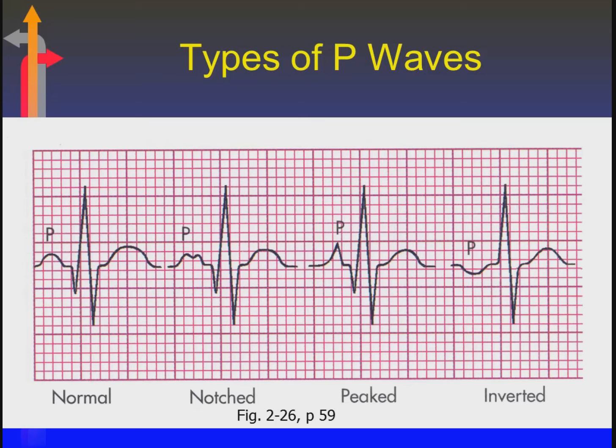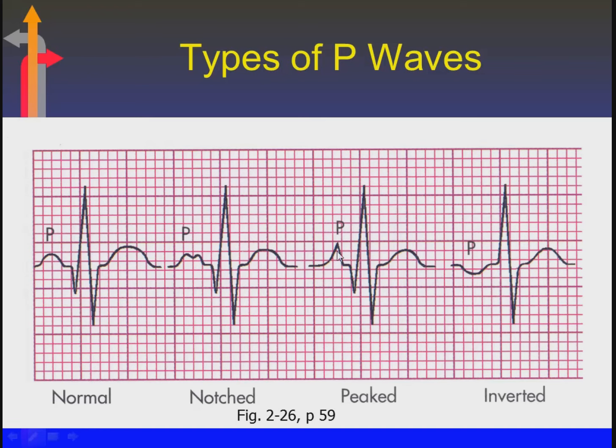So for instance, the second one there is notched, meaning that in the direction the lead is looking, there's a point where the impulse is moving in that direction, turns around and starts again. That's why we have a notch, because there's a negative portion to that waveform, going in the opposite direction. Does that make sense? Whenever you see a wave that's negative, it's going away from the view that you're looking at.